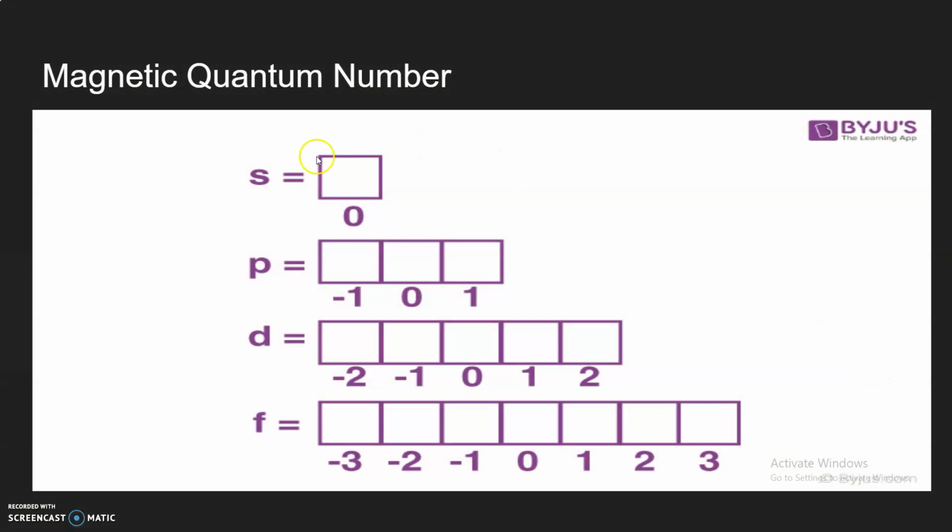So for the magnetic quantum number, if it is s, the magnetic quantum number will be 0. If it is in p orbital, the magnetic quantum number can be from minus 1 till plus 1, so we have 3 orbitals. If it is in d orbital, there are 5 suborbitals. If it is in f orbital, the possibilities are minus 3, minus 2, minus 1, and so on, giving 7 suborbitals.